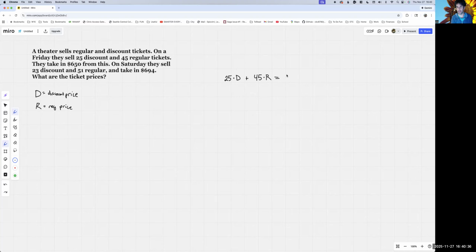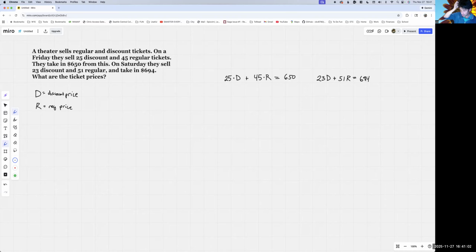I'm not going to write the units to keep things simple. We just know that this entire equation's units are in dollars. And a similar thing on Saturday: 23 discount plus 51 regular is equal to $694.